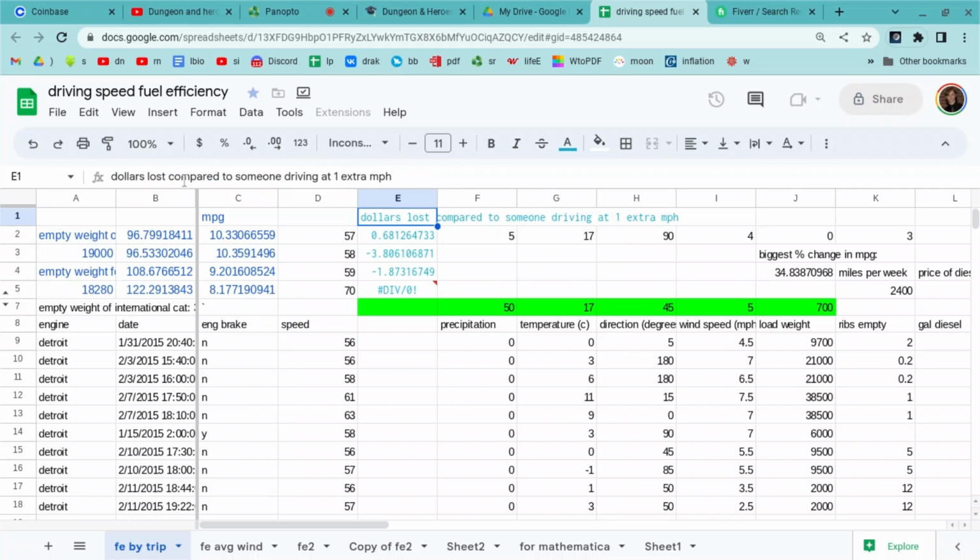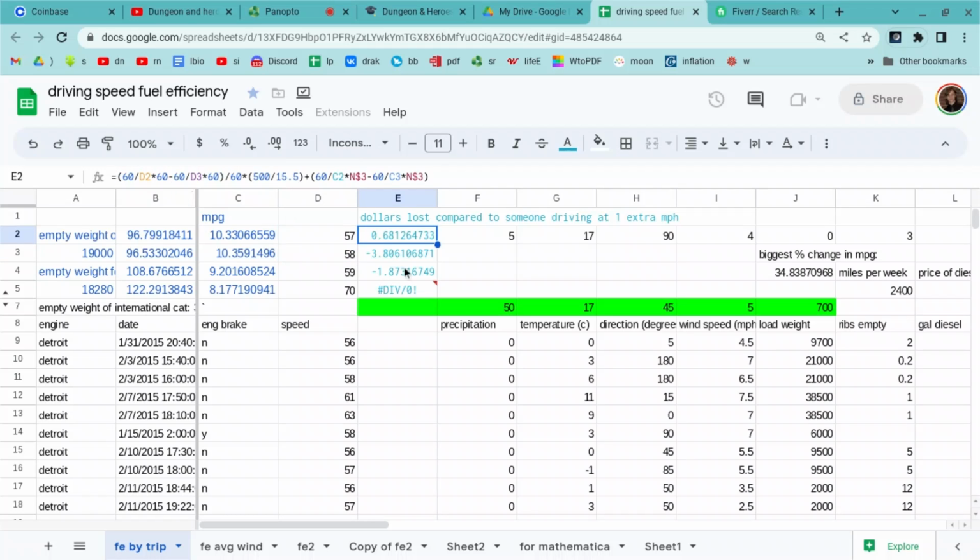Here is dollars lost compared to someone driving at 1 extra mile per hour. Basically, this means that if I drive 1 mile per hour more than this number, I will actually make 70 cents per hour extra, just because I'm driving faster and delivering loads faster.